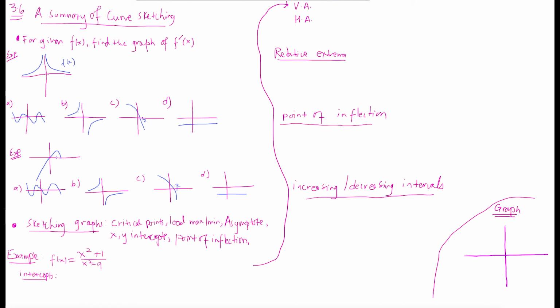You can see that left of 0 the graph is increasing, right? When f is increasing, then f prime will be positive, and if f is decreasing, then f prime will be less than 0, negative. So we'll try to find out.